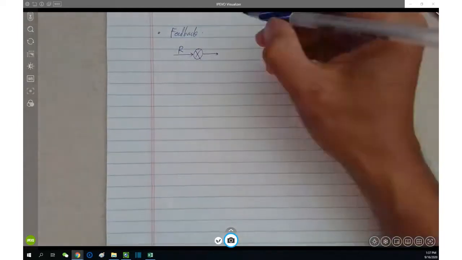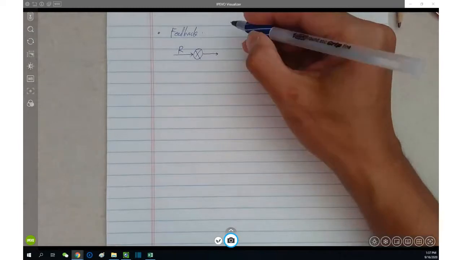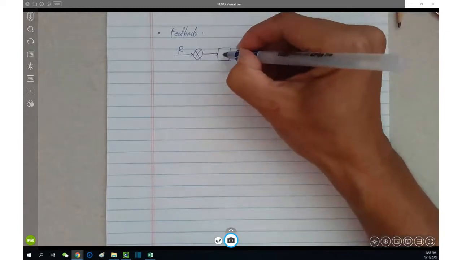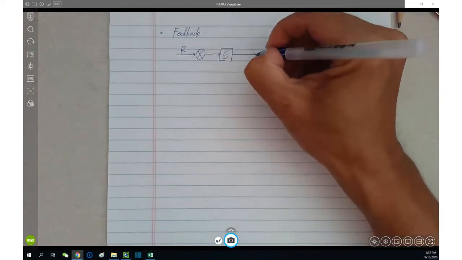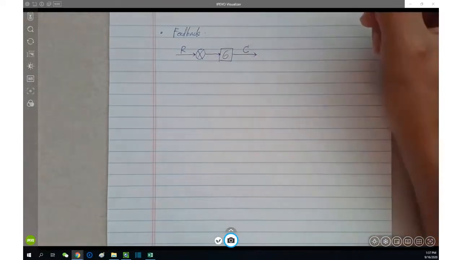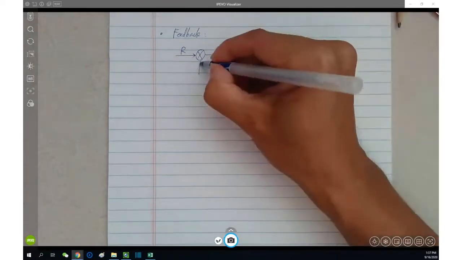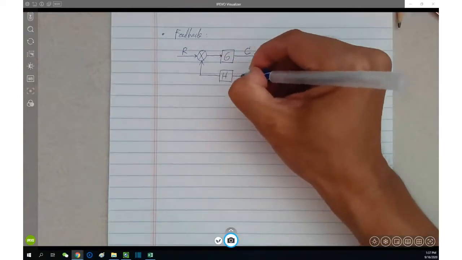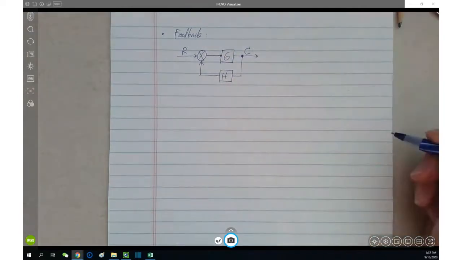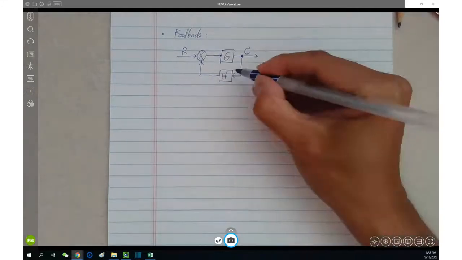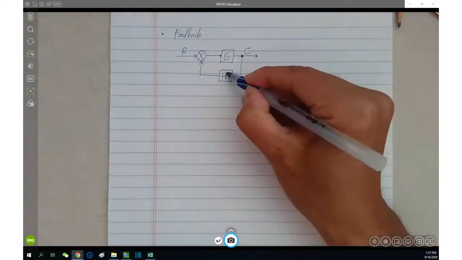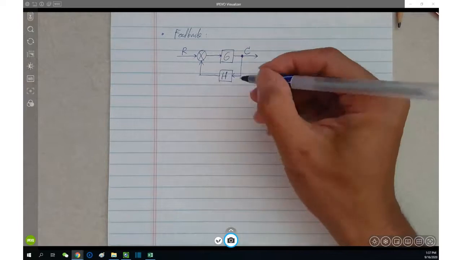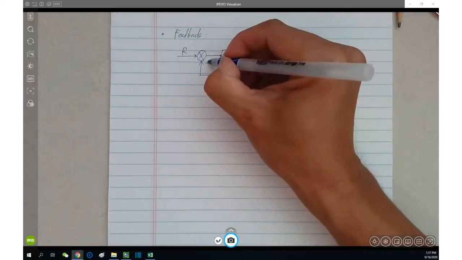And then after the summing junction, you go through a transfer function we call G, and then get the output C. So-called feedback is happening here. Obviously, this is a feedback transfer function, H. And here, we might have positive feedback or negative feedback.